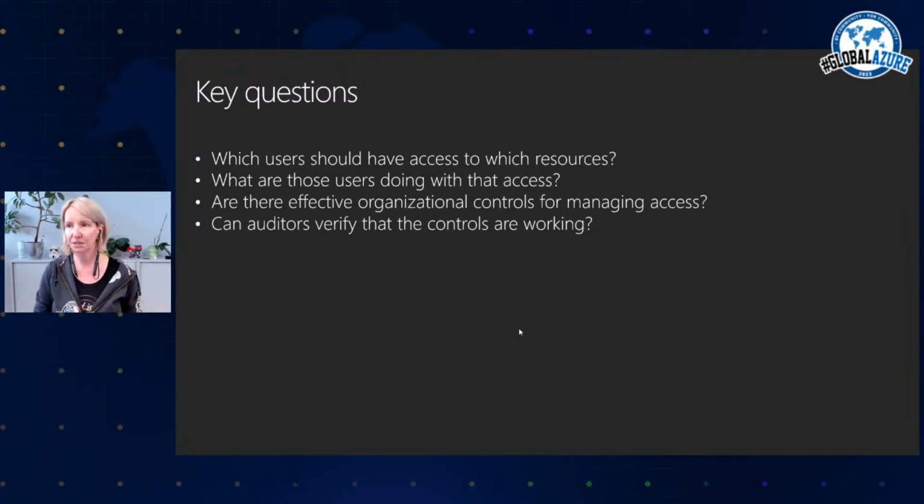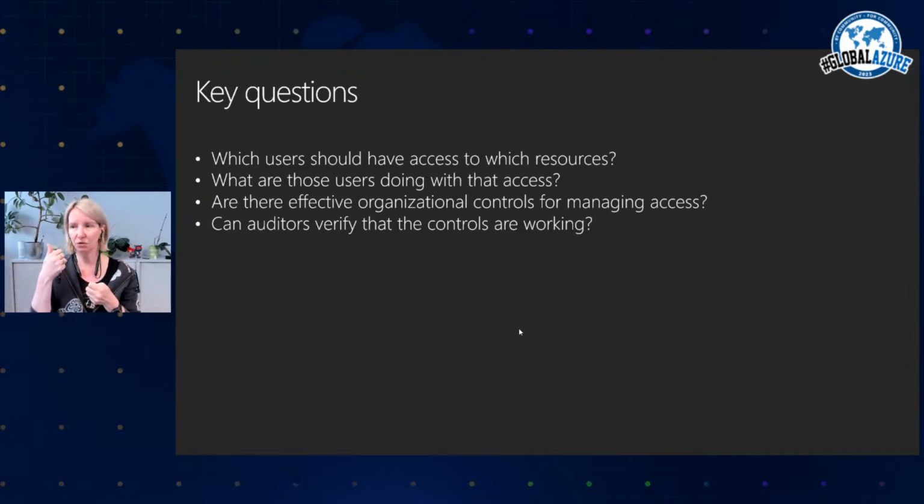If you're talking about identity governance, always ask yourself some key questions. That means we need to reduce the access of users to resources. Every user should only have access to those resources which they are responsible for. Also, think about what kind of access the user needs.